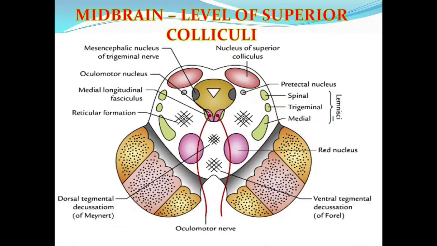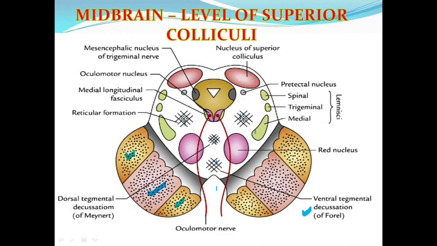Now you ascend still higher to the superior colliculus level. It is the same: the interpeduncular fossa, the crus cerebri, with frontopontine, corticospinal, and parieto-fronto-occipitopontine fibers, the motor fibers descending downwards. We have the tegmental fibers where decussation is taking place, and the same reticular formation.